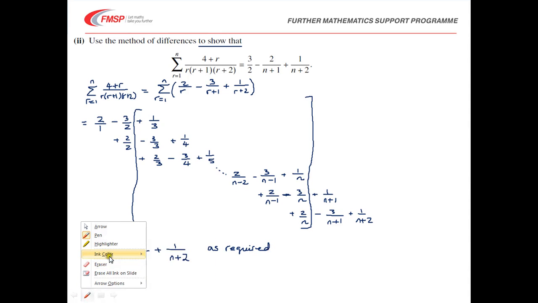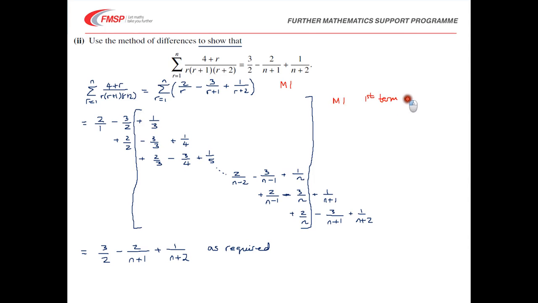Okay, let's look and see how the mark scheme works for this question. A method mark for applying the given result. A method mark for the first term and at least one more. 2 accuracy marks for at least 3 consecutive correct terms.